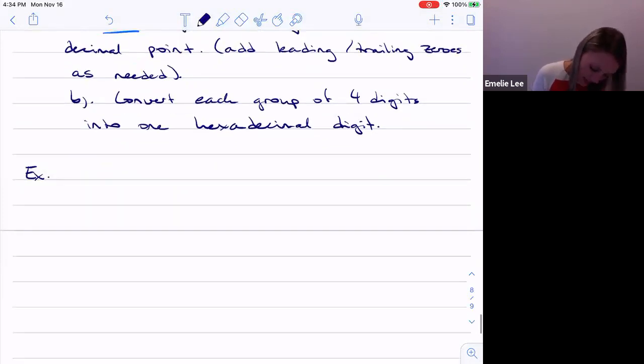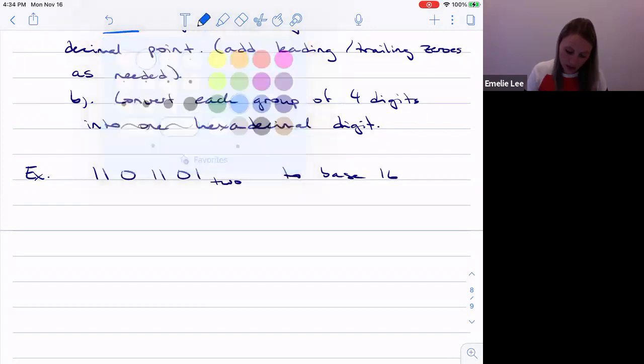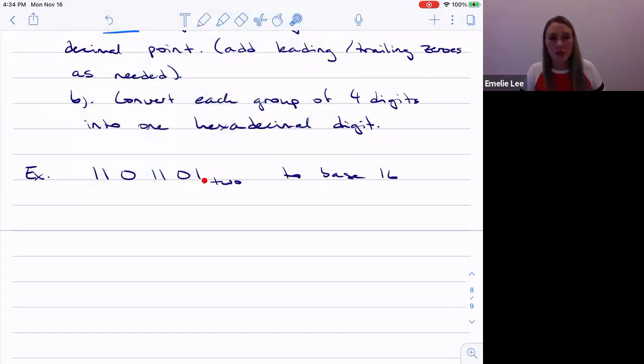If we have 1101101 base 2 to base 16. Okay. So again, I start from my decimal, which is just the far right in this case, and now I move, because I'm going to base 16, which is the hexadecimal, I move in groups of 4.